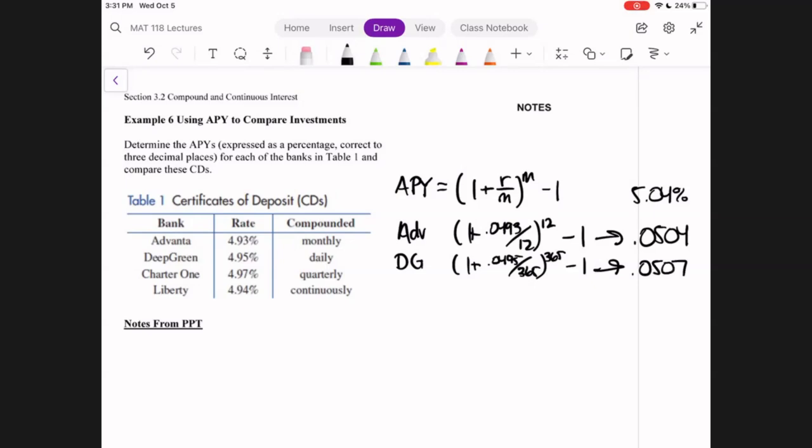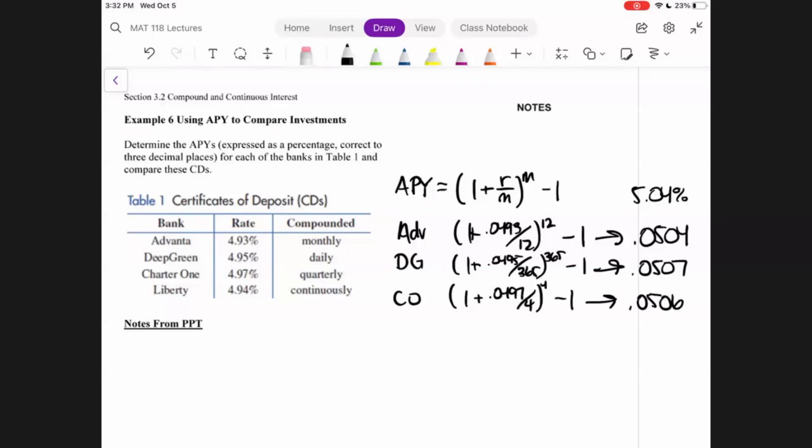So it is, as you see, a little bit higher. We could also do quarterly. So Chapter 1: 1 plus 0.0497 divided by quarterly, so that would be 4, raised to the 4th, minus 1. So let's see what we get here. 0.0506. So not as high.